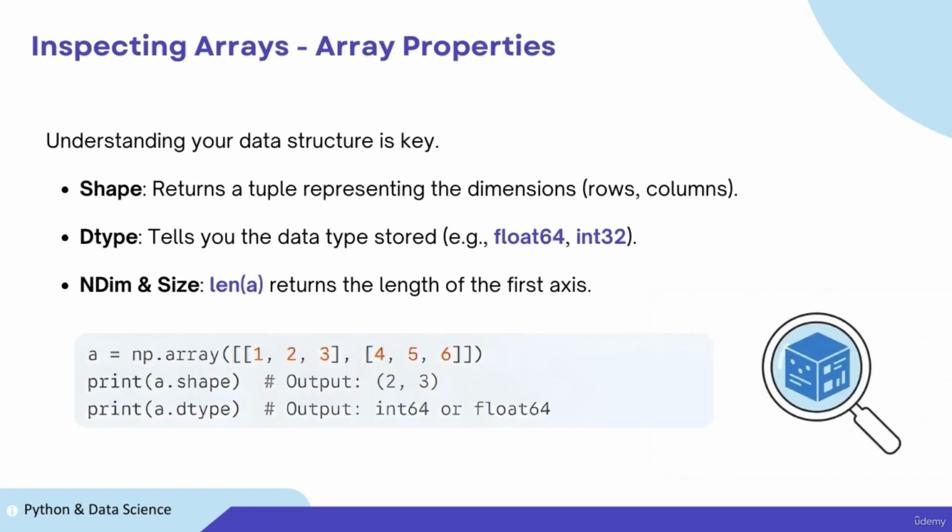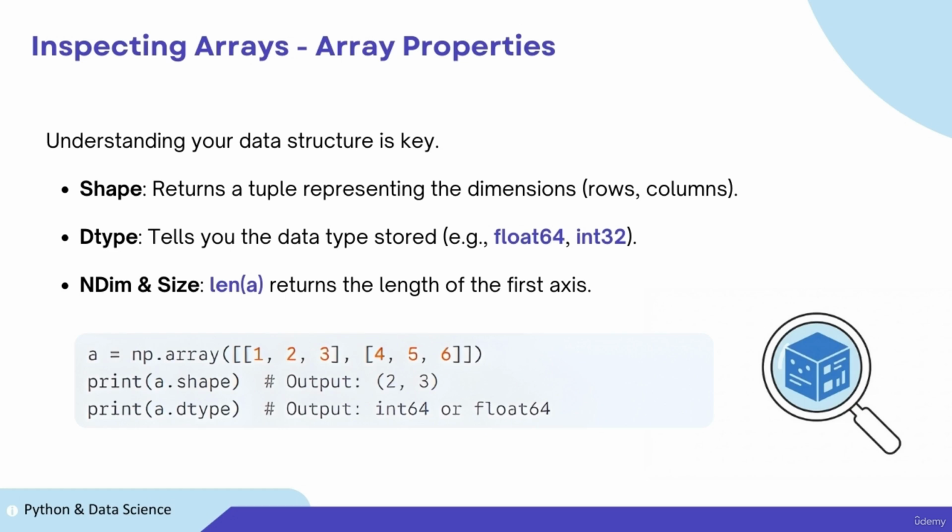Inspecting arrays, array properties. Once you have loaded your data, you need to inspect it before you can analyze it. We use array attributes for this. First, .shape. This returns a tuple representing the dimensions. If it returns 2, 3, you know you have 2 rows and 3 columns.